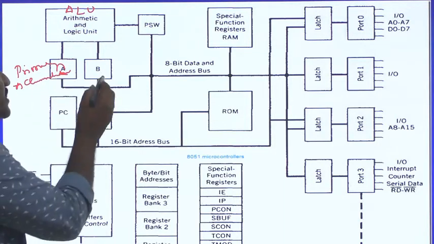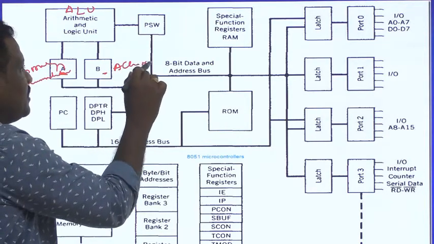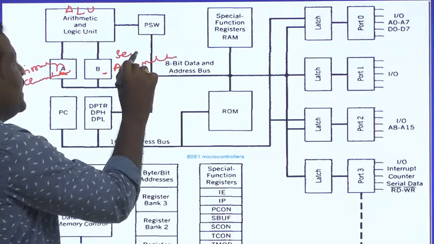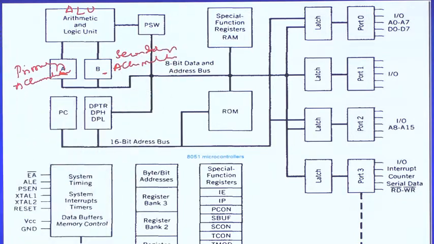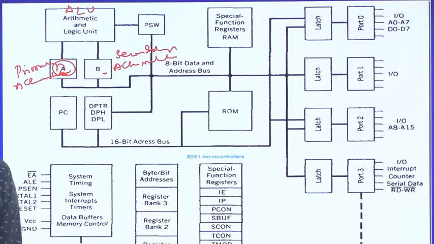Coming to the next register, B. This B register is also called an accumulator, but it is called the secondary accumulator. That means the B register acts like an accumulator only when in that particular operation the A register is already acting as the accumulator. If A is participating in that operation, the result is not held by A alone.